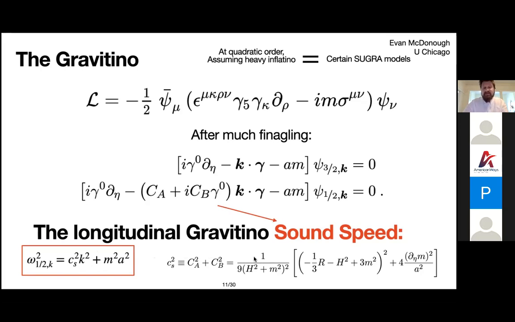It's not the speed of light. It depends on the mass of the field, the evolution of the background cosmology, where R is the Ricci scalar and H is the Hubble parameter, and on the time dependence of the Gravitino mass.